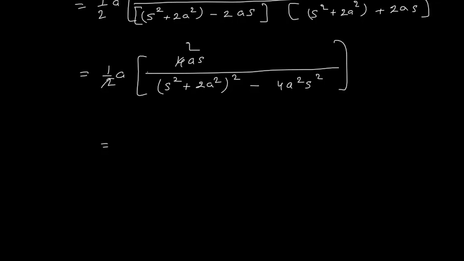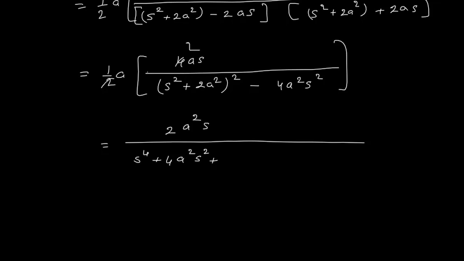So my numerator is 2 times a into a square s, and our denominator is s power 4, plus 4a square s square plus 4a power 4, minus 4a square s square.